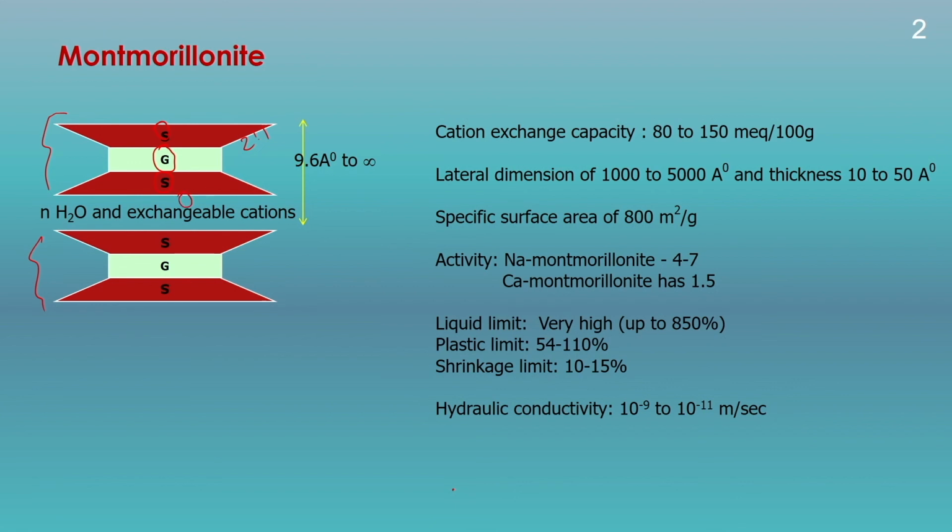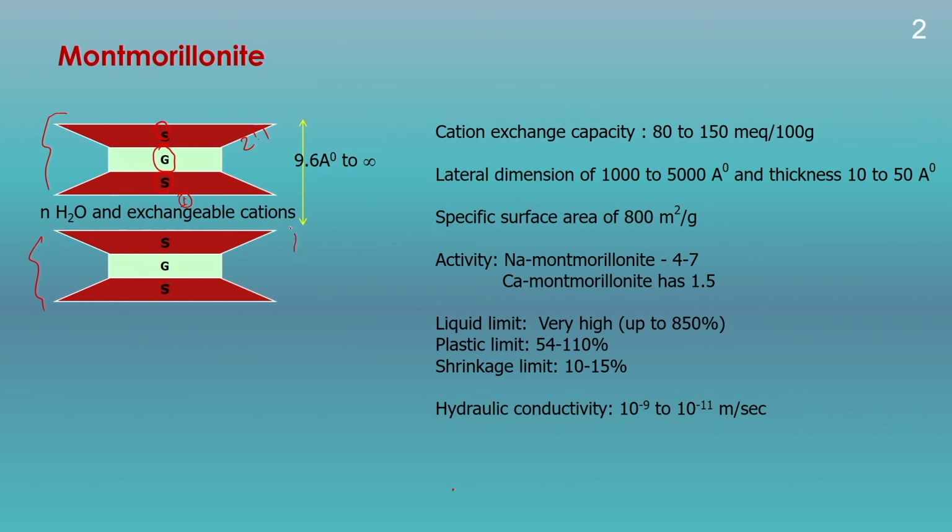These exchangeable cations can be sodium, potassium, magnesium, calcium, and depending on the type of exchangeable cations, the soil behavior will be different. These montmorillonite structures are very loosely bonded by weak van der Waals forces.